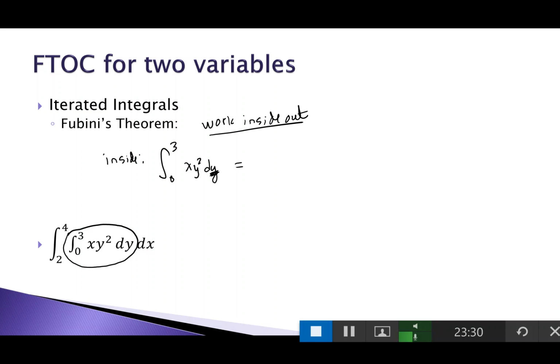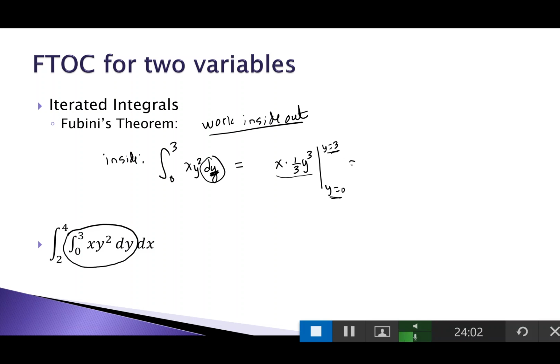So this is the same thing as x, which will carry along because it's constant, times 1/3 y cubed, and I want to evaluate it from y equals 0 to y equals 3. And it's very important to write the y equals at this stage, because when you go to plug in, how do you know whether to plug in for the x or the y? This tells you. And that comes from the fact that the dy is on the inside for this particular integral.